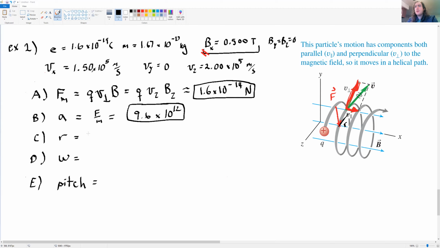For the radius, we use the circular motion radius that we calculated earlier in the lecture, mv over qB, right?